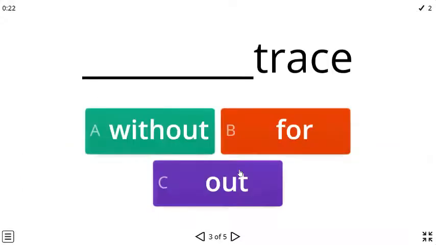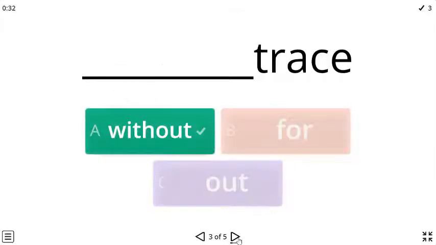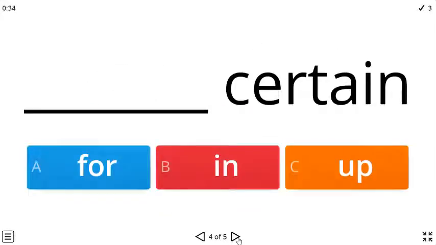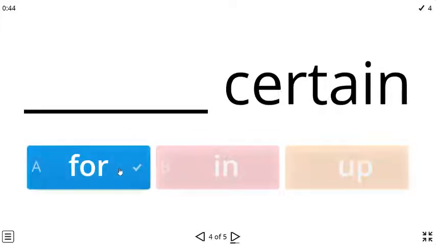To the next. Shall we say without trace, or for trace, or out trace? Without trace. For certain, in certain, or up. For certain, for sure.